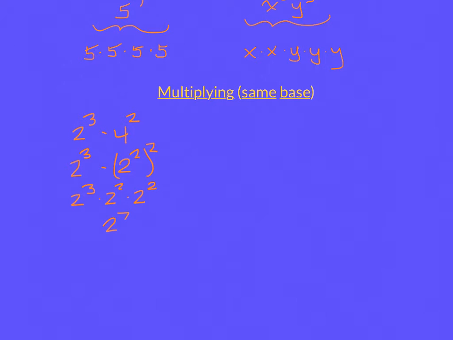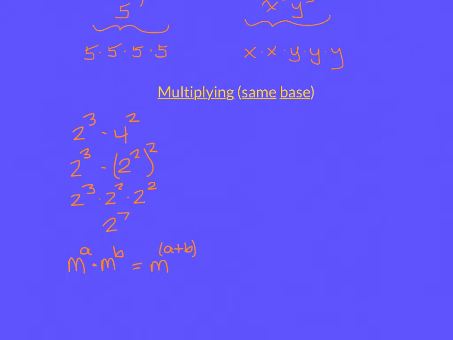And so the rule is if we have the same base, say m to the a power times m to the b power, you can see that we're just adding them, and you can see why. Because they're all multiplying each other out, and you're just counting them.